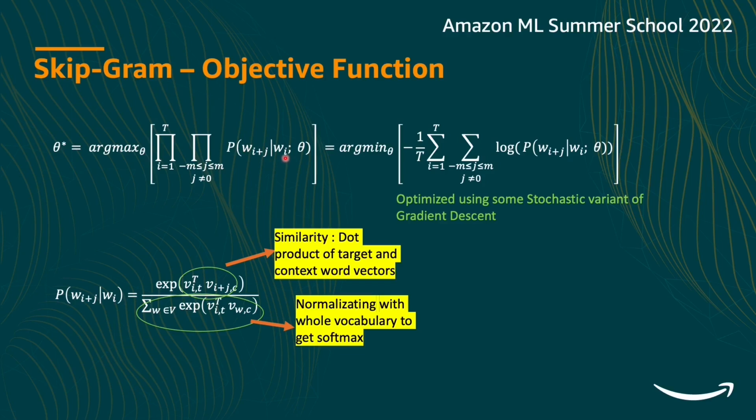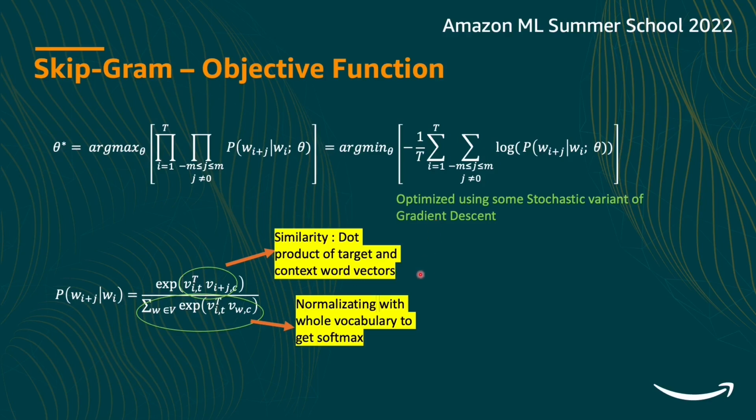Wi is the target word and Wi plus j are the context words, where j varies from minus m to m. This is optimized with respect to theta, which are basically the two word matrices that we talked about. As usual, we take the log of it, which converts this into a summation, which we can then optimize using any stochastic gradient descent approach like Adam.